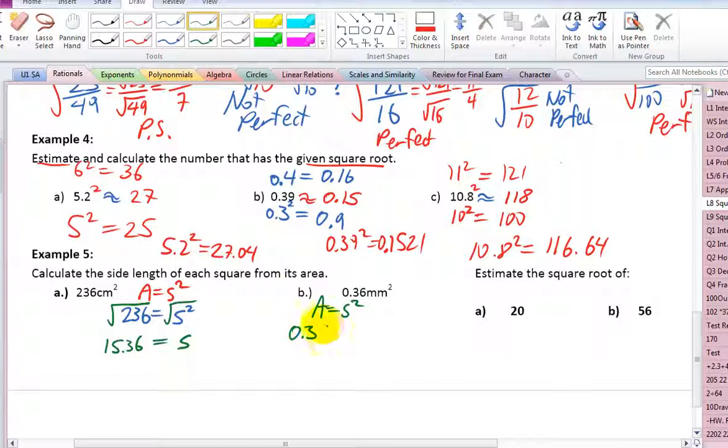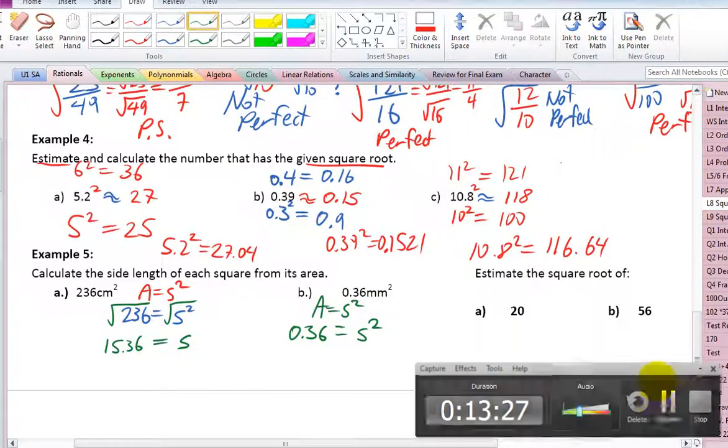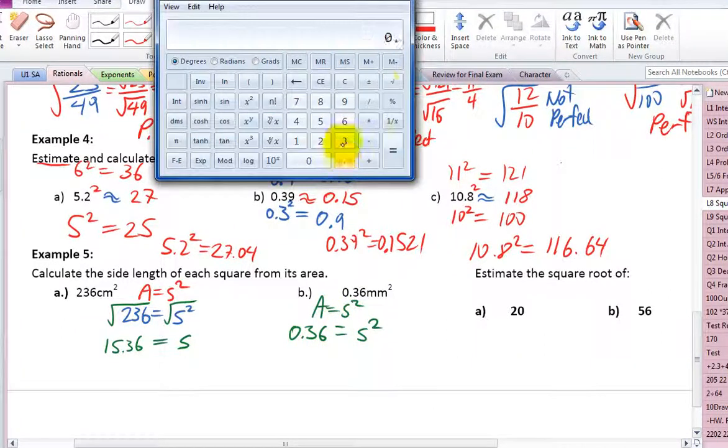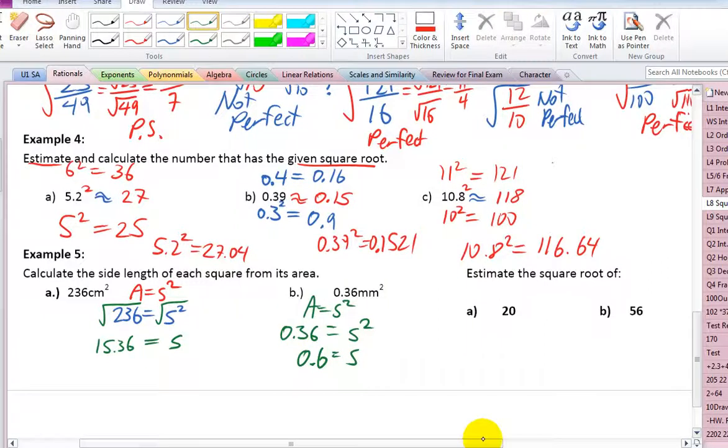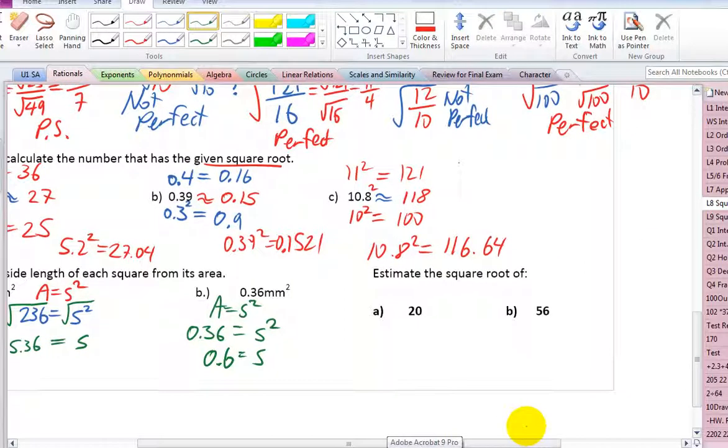You must write this exactly as I have written it, please. Finish this off. It's 0.36. Thanks, Sarah. 0.36. Okay. The square root of 0.36 is 0.6, equals S. All right. Now you have to estimate the square roots.